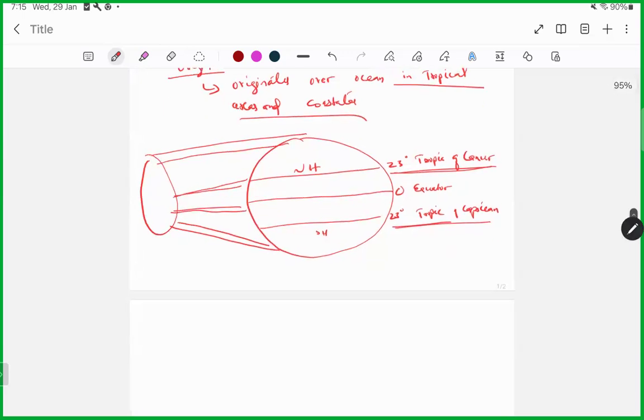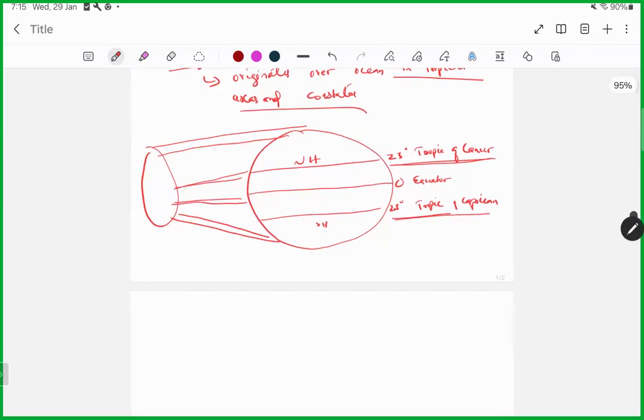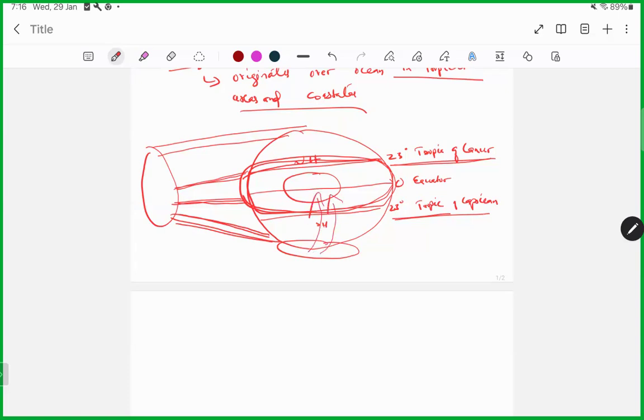So because of the receiving of more radiation in this area, there is a low pressure zone. In a low pressure zone, there is always a warm wind. And in the temperate region or the polar region, there is a high pressure zone. Hence, the winds are cold. As we discussed yesterday, the winds flow from high pressure zone to low pressure zone.